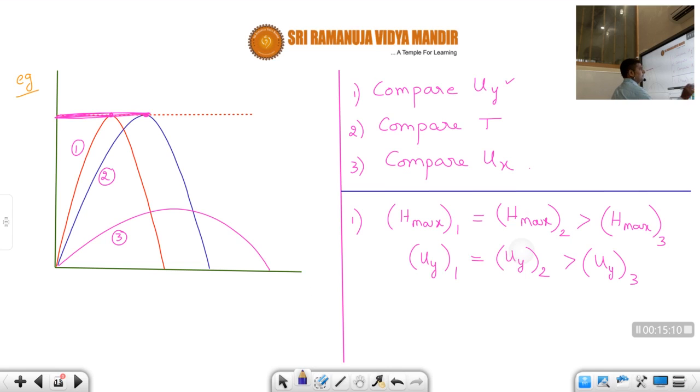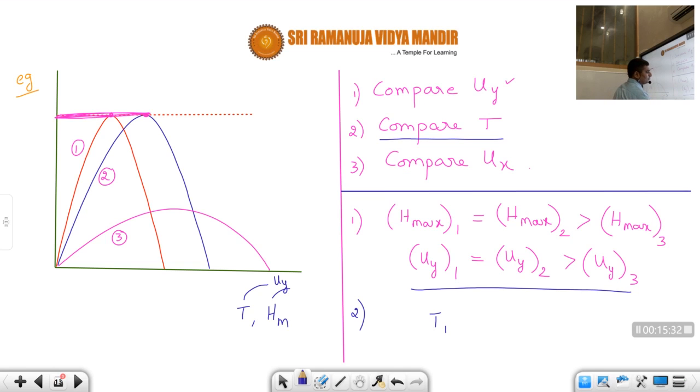Okay. Next, second one, compare time of flight. Please remember, students, for time of flight and H max you don't have to worry, because both of them will depend on Uy only. We already got the Uy relation, and time of flight is directly dependent on Uy, so time of flight of 1 must be equal to time of flight of 2, which must be greater than time of flight of 3.